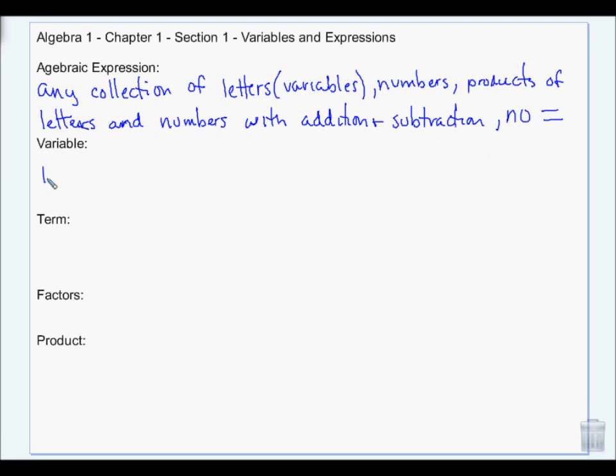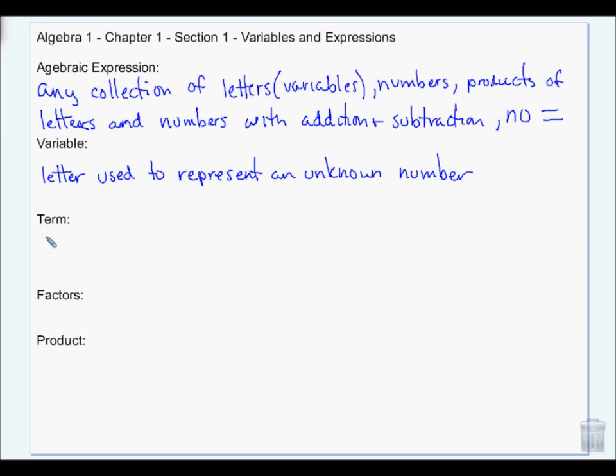A variable is a letter used to represent an unknown number. So any number we don't know, we can put a variable in there. It can be any letter.